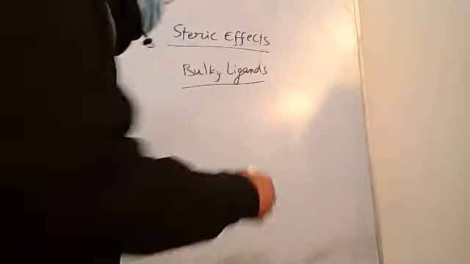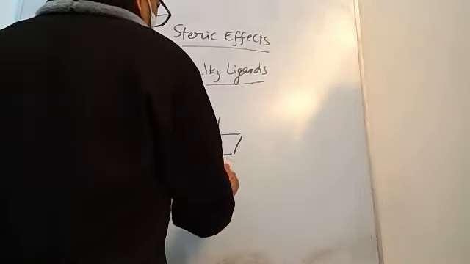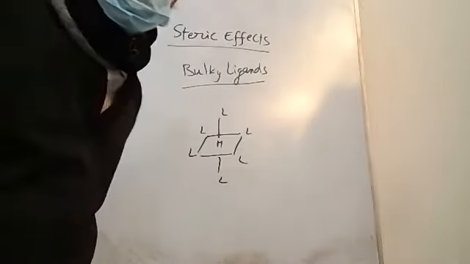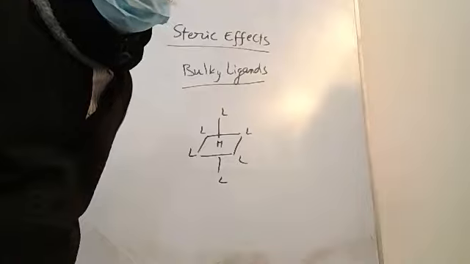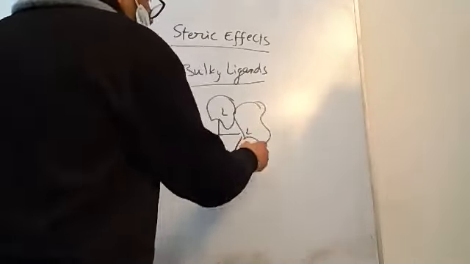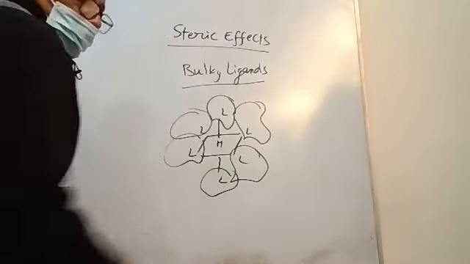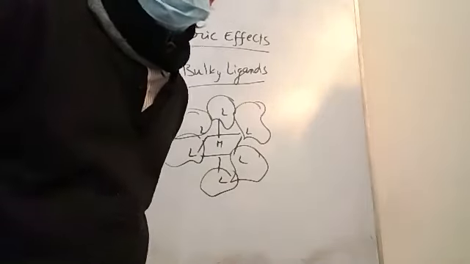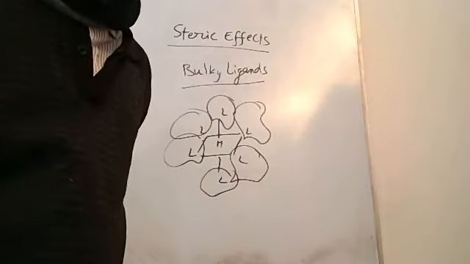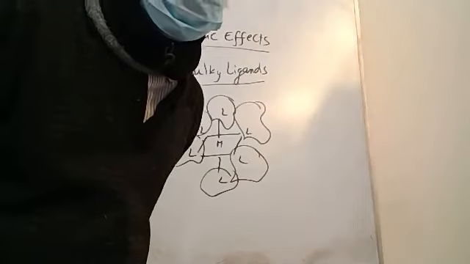If you are trying to place simple ligands in an octahedral field, there is no repulsion between the ligands. But on the other hand, if you have a ligand that is a very large organic molecule, the steric repulsions destabilize this complex. So complexes that have very large ligands tend to be a little bit unstable because of the steric interactions.